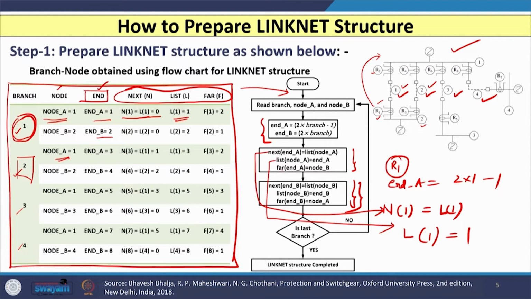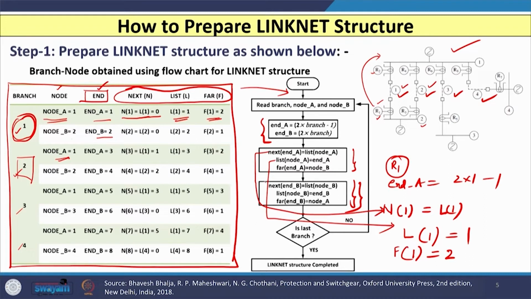And the last thing, far nA. So, F nA is available as 1. So, F1 is equal to node B, and node B I have already calculated as 2. So, F1 comes out to be 2.